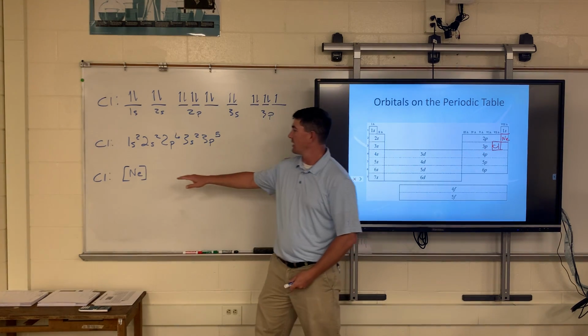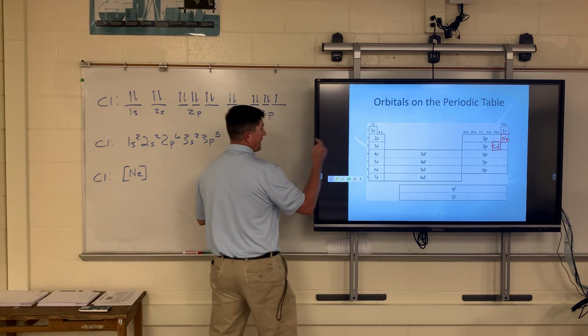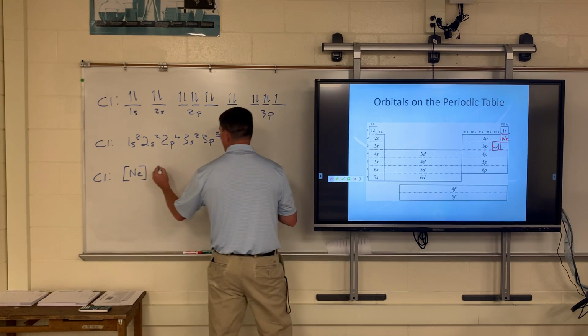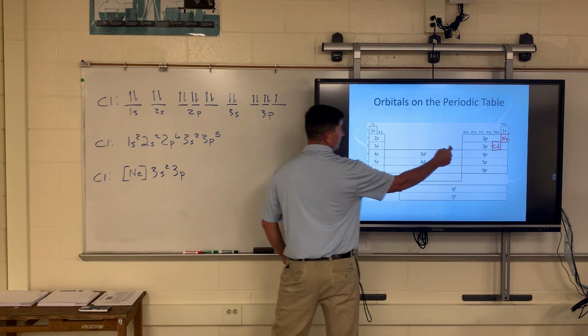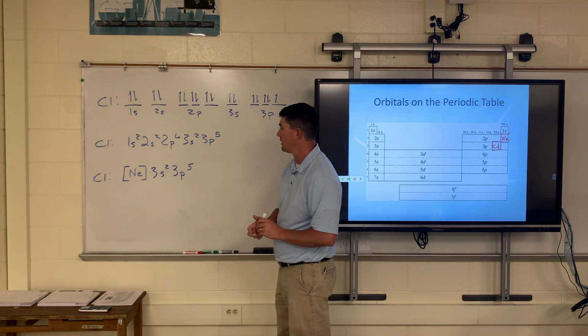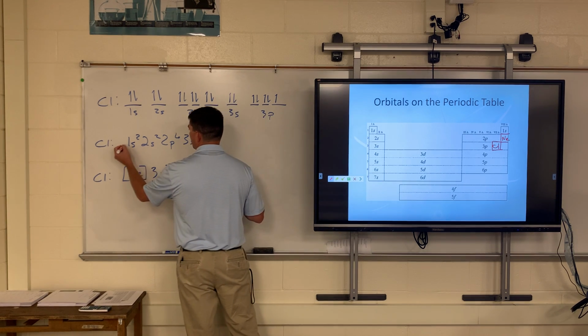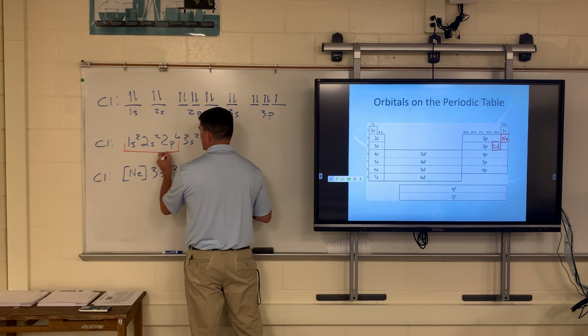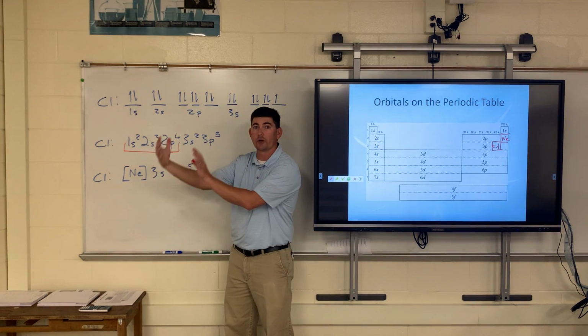Okay, so we've already taken care of the first 10 electrons. All right, and then after neon, we're at the 3s. So then we'd have to say 3s, and there's 2 there, and then 3p, and chlorine's the 5th one, so it's 3p5. All right? So what we did is we replaced writing all of this, because that is the inner shell electrons, on those lower energy levels.